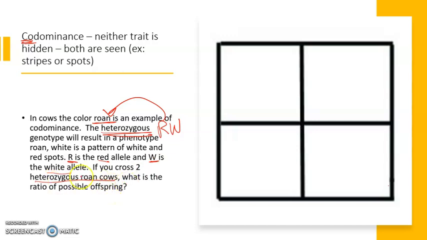So we've got two heterozygous. So we've got an R and a W up here. And on this side, we have an R and a W. So we do that same process where we drop our R's and we shuffle them from the sides that we did with our previous Punnett squares.